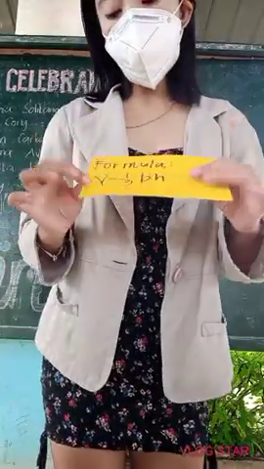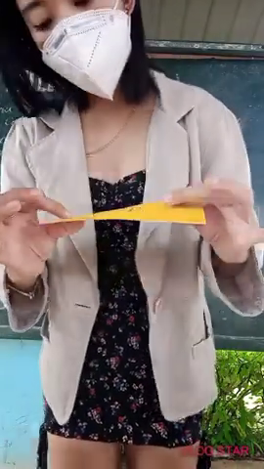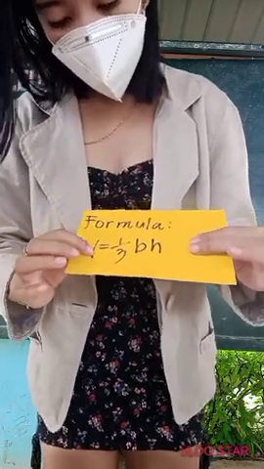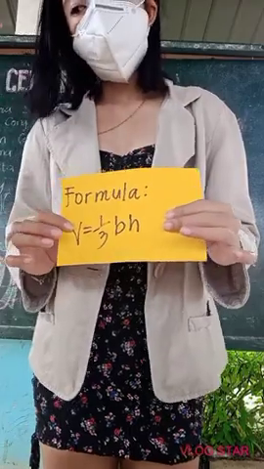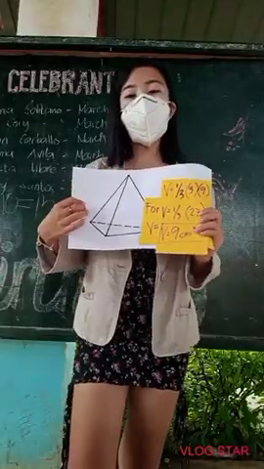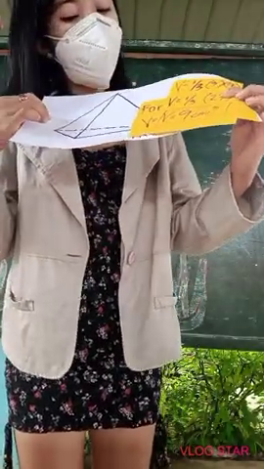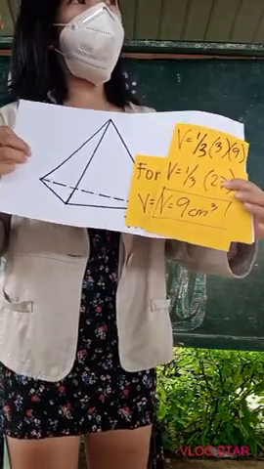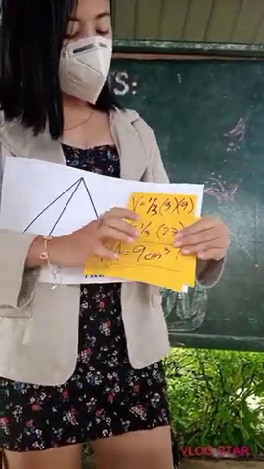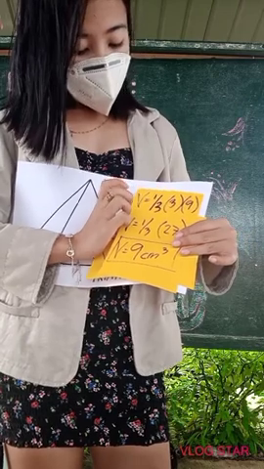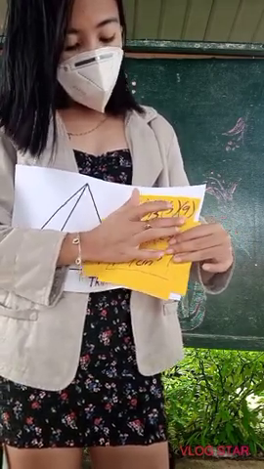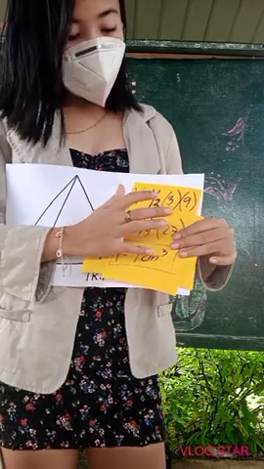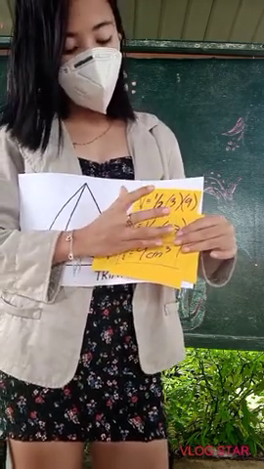This is the formula of the triangular pyramid: V is equal to 1/3 times base times height. In order for us to solve the volume of the triangular pyramid, it will go like this. V is equal to 1/3 base times height. As I said earlier, the height must be a higher number.